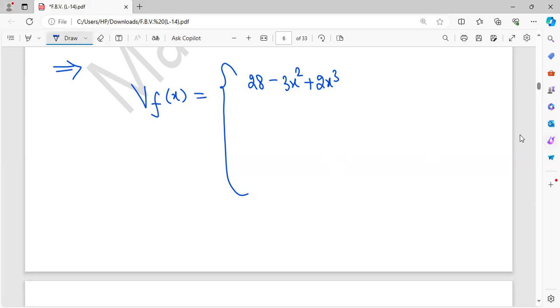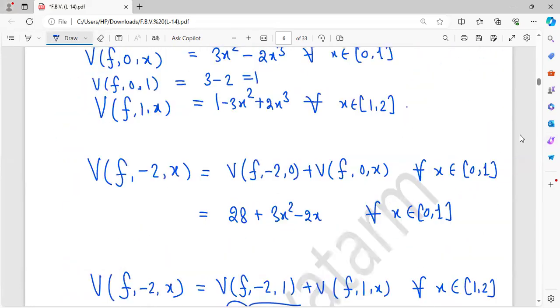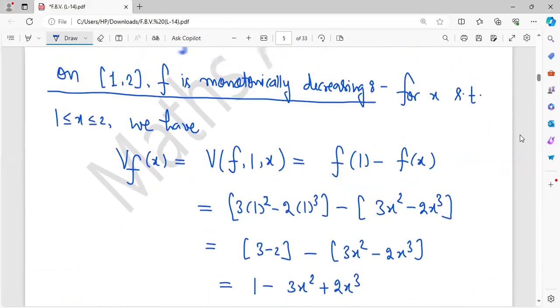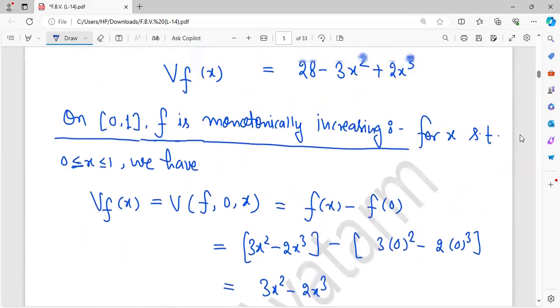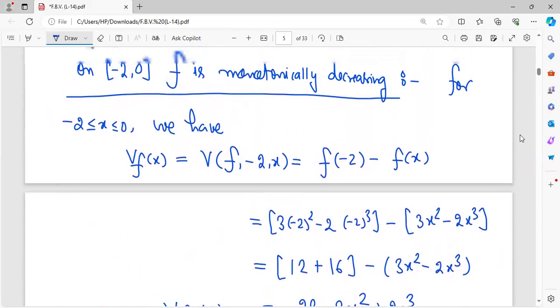Okay, I am also correcting above. Let me correct above because the symbol was wrong. So what was this?